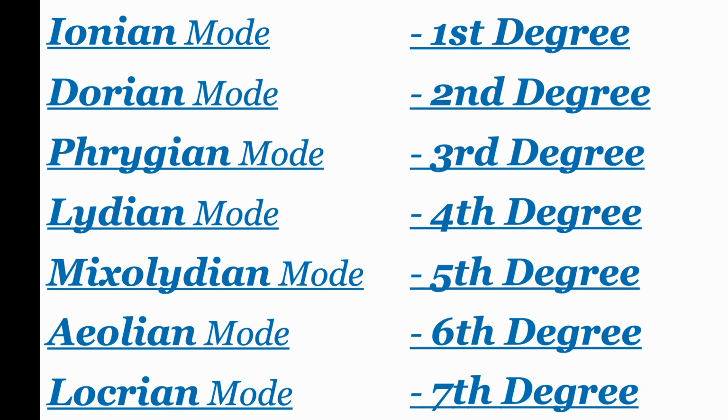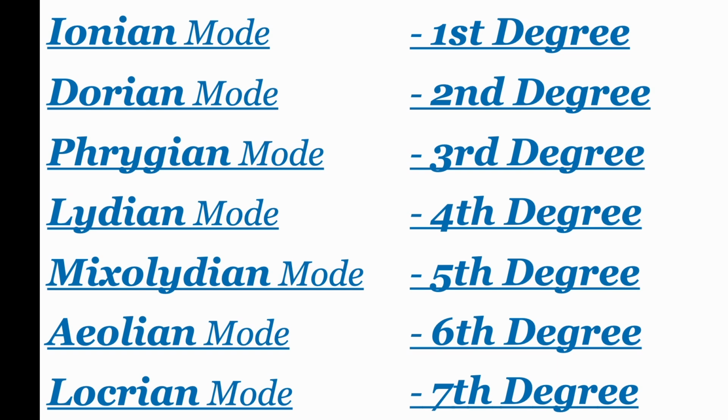But the only thing that's really important is just to remember them in this order. It is important to recognize that Aeolian is the 6th degree, right? You don't want to think of Aeolian as the second or anything else. So you do want to remember them in this order. And the reason you want that is because these degrees match up very particularly.